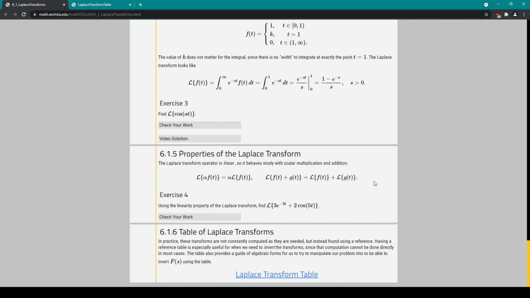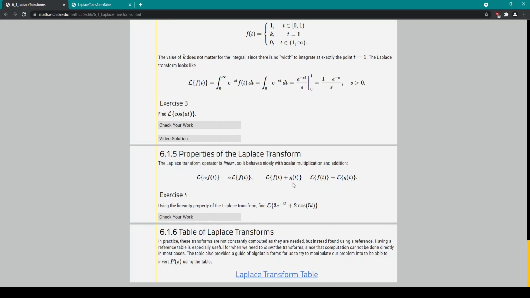It's one of the nice things about integral transforms in general, we tend to make them linear whenever we can so that they're easier to work with. So the Laplace transform of a constant times a function is equal to a constant times the Laplace transform of that function. And the Laplace transform of a sum is the sum of Laplace transforms. Those are the two linearity properties, right?